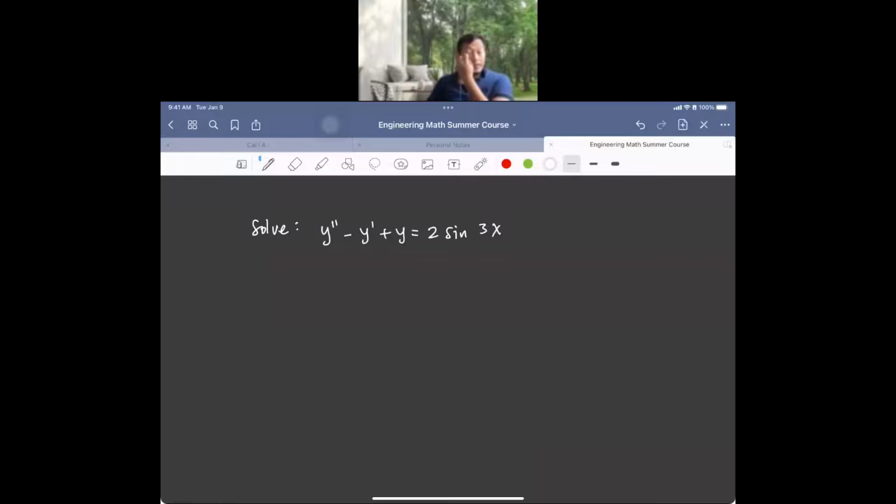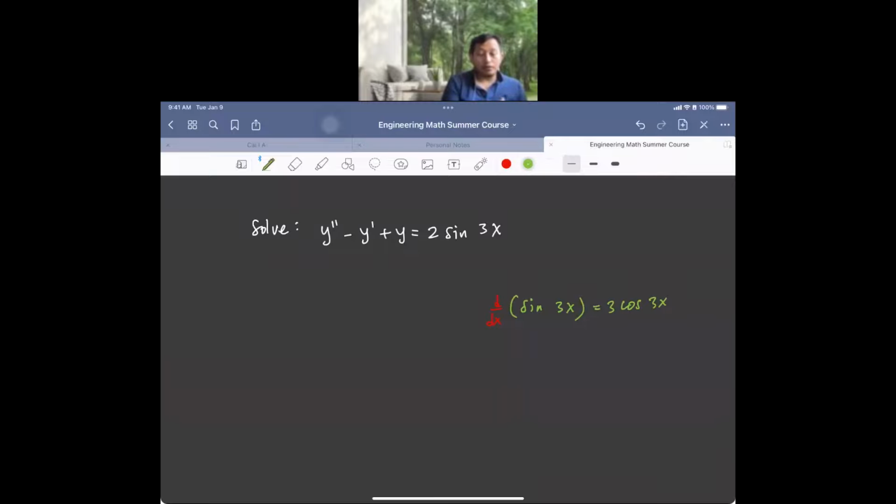Remember, since this is differential equations, if we are having sine or cosine, if we look at sine 3x itself and take the derivative, we are going to have 3 and then cos 3x, right?